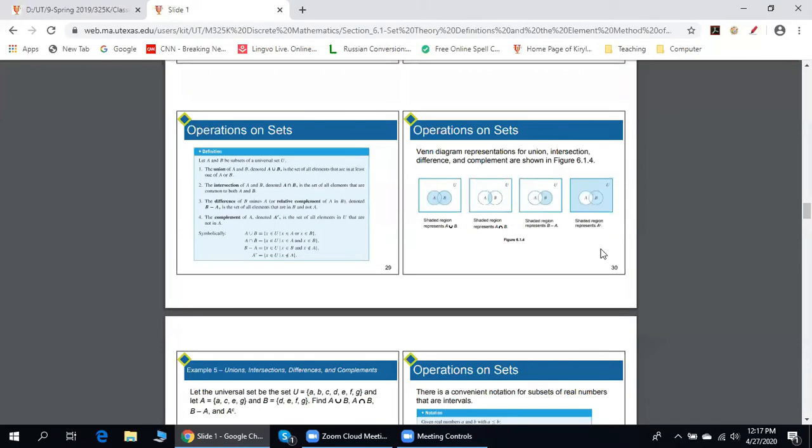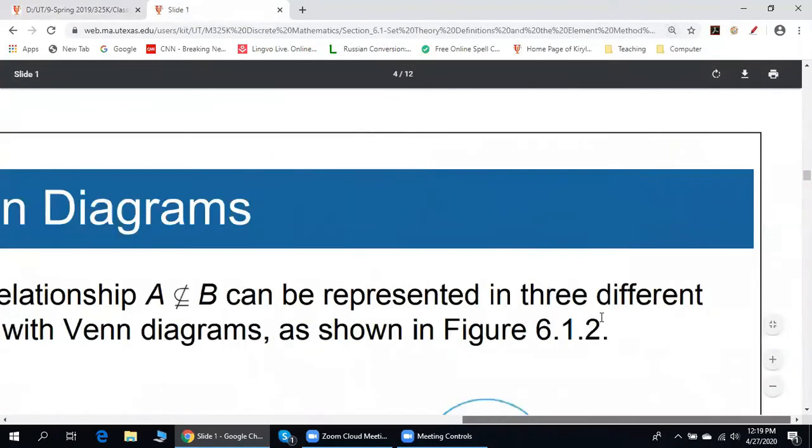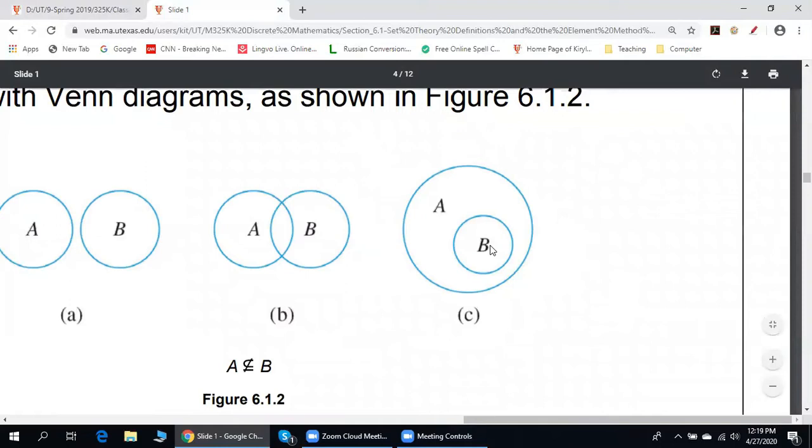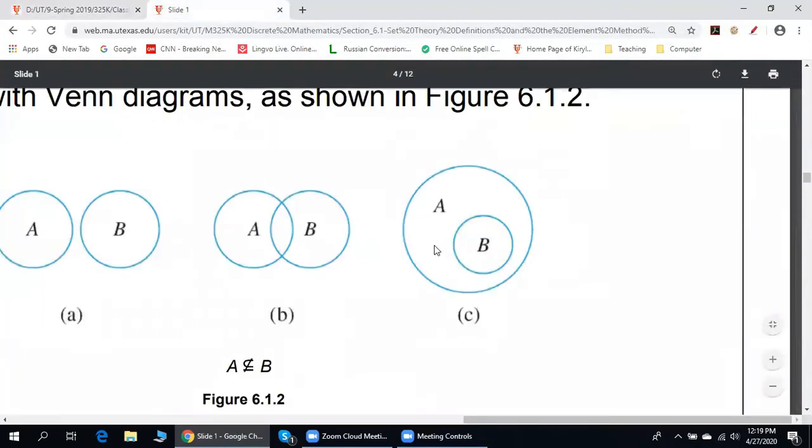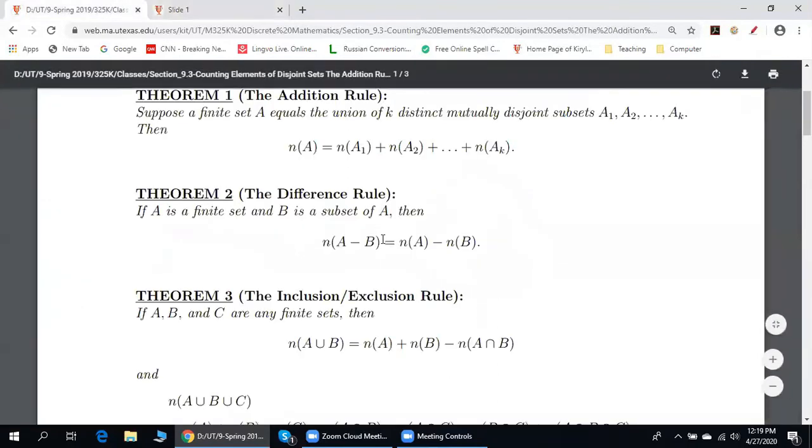Please take a look at this Venn diagram. So here B is a subset of A. The number of elements in A minus B will be this region. It is the number of elements in the whole A minus the number of elements in B. It's exactly what is written here.